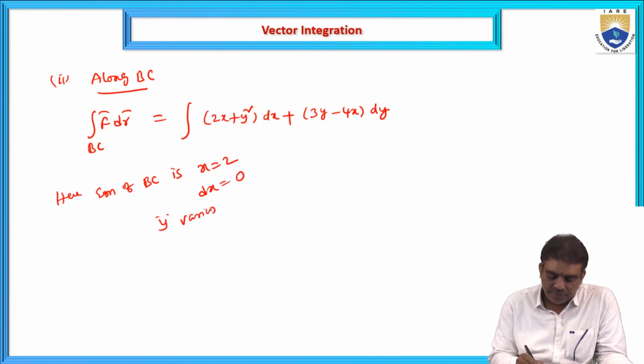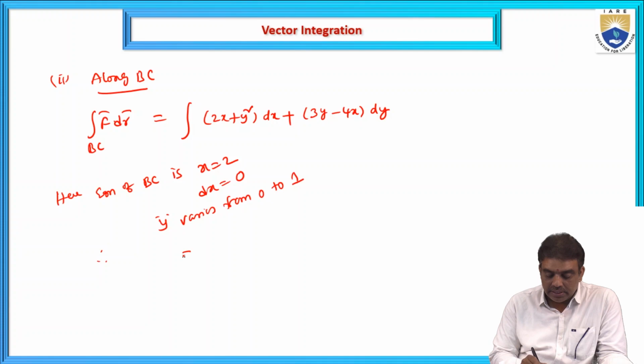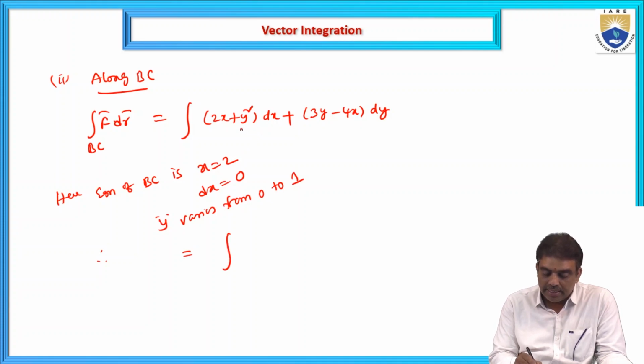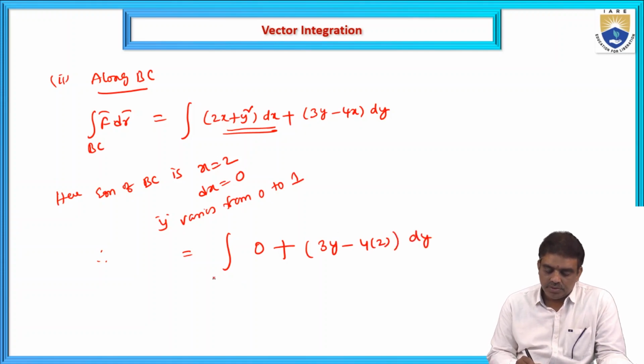Y varies from 0 to 1. Therefore, dx is 0, so the first term is entirely 0. In the second term, 3 into y minus 4 into x, where x is 2, gives 3y minus 8, times dy. The limits are y from 0 to 1.